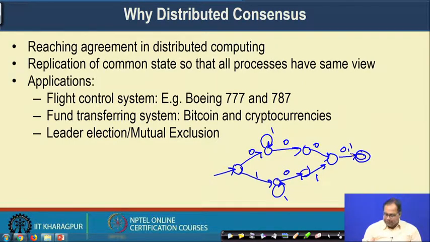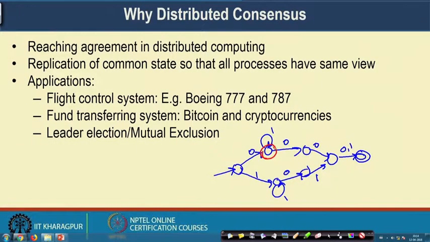Now, it may happen that the system has reached some intermediate state, say the system has reached up to this state. If the system has reached up to this state, then you need to ensure that all the processes, all the users who are there in the system, get the same view that the system has reached this particular state.